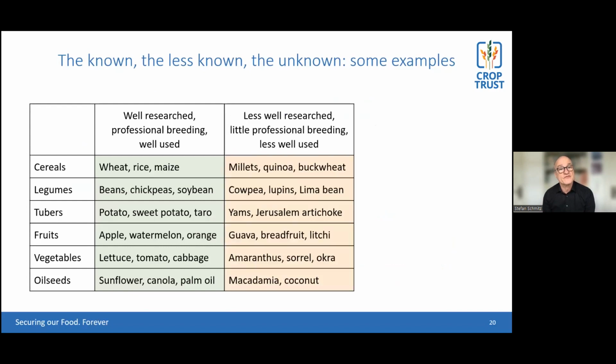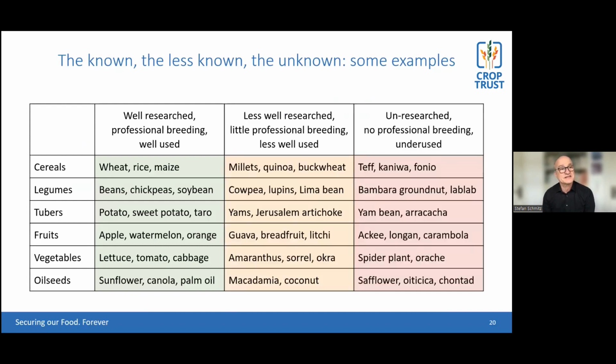Well, there we have a lot of well-researched crops with professional breeding, well used; less well-researched crops with little professional breeding, a middle category; and a lot of unresearched crops with no professional breeding under use. This is diversity on species level.